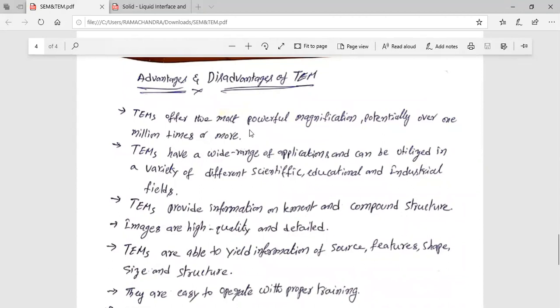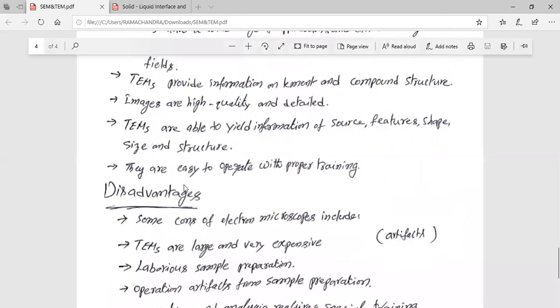When we compare it with scanning electron microscopy, very high resolution images can also be obtained using TEM. TEM has a wide range of applications and can be utilized in a variety of scientific, educational and institutional fields. TEM is used in various industries.